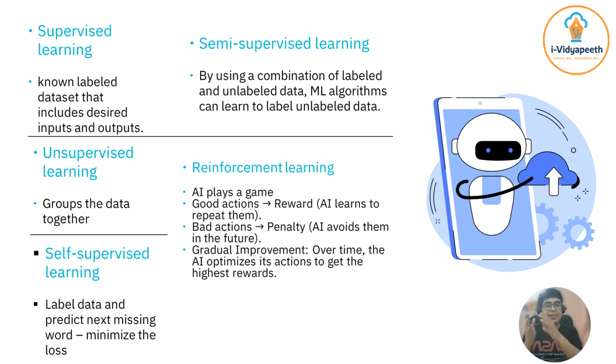We are providing the input, the output and the known labeled data set. So it is getting trained under your supervision because you have given the labeled data set to it, and you have also given the input and the output and the subject also, right? There is a thin difference between supervised learning and self-supervised learning, because self-supervised learning is also supervised learning, right? But it is self-supervised learning.